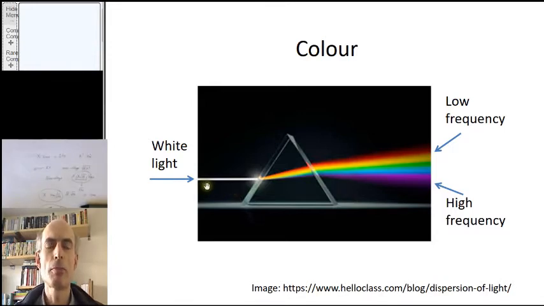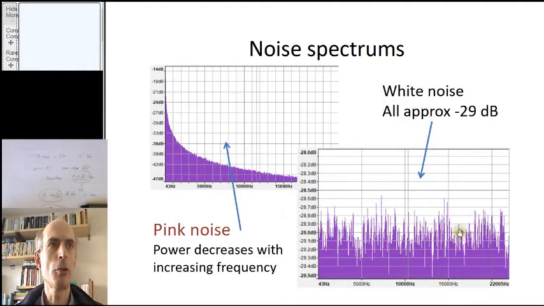White noise contains all of the possible frequencies that we're interested in. But not all noise is white. This plot here is similar to one we've seen before. If you look at the scale on the y-axis, you'll see that at almost all of the frequencies, the noise has a value of minus 29 dBs.